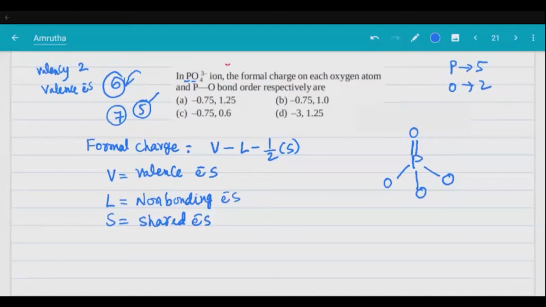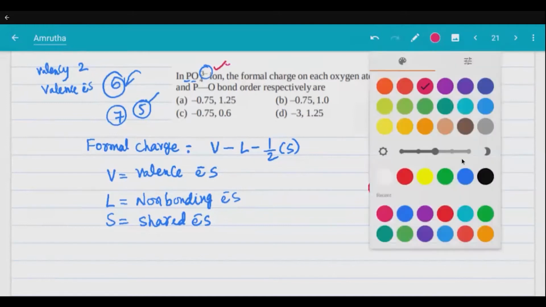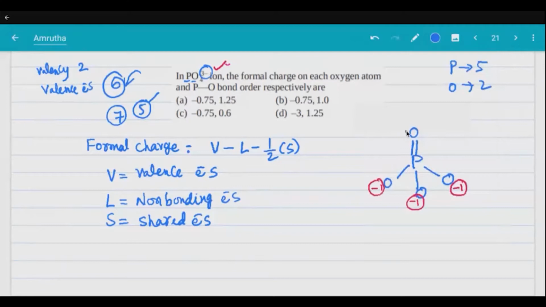Okay, Vishal? Okay, right. Now, but there are charges too, right? PO4 3 minus. So I'll keep the charges. Listen now carefully. So -1, -1, -1. The 3 charges. So I've written 3 minus. Sir, why don't you put the charge on this oxygen? It is again a very simple trick. Look at oxygen here.